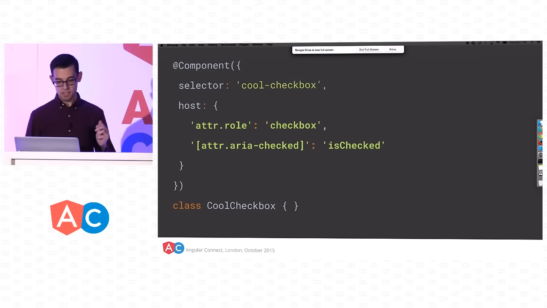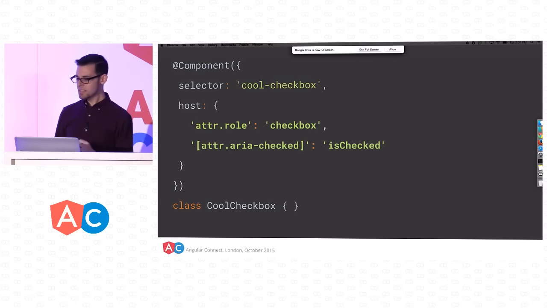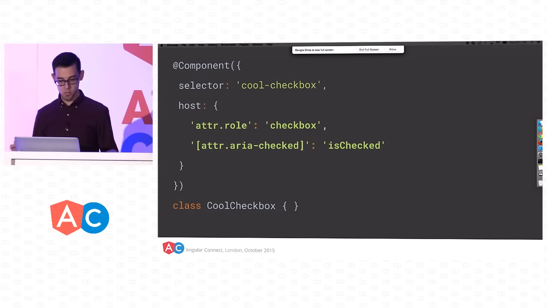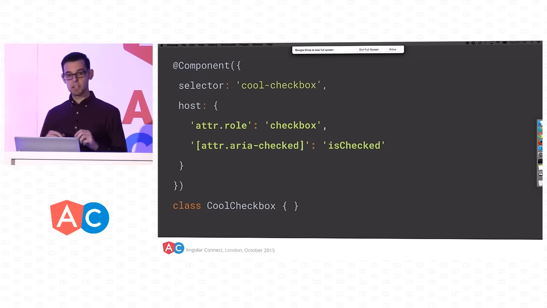Host bindings let you set properties and attributes on that host element without having to tediously set up watchers and manually update the element like you would have done in Angular 1. And you can either set up host attributes and properties like this in the configuration, or you can do it via a property decorator called host binding, which does the same thing.